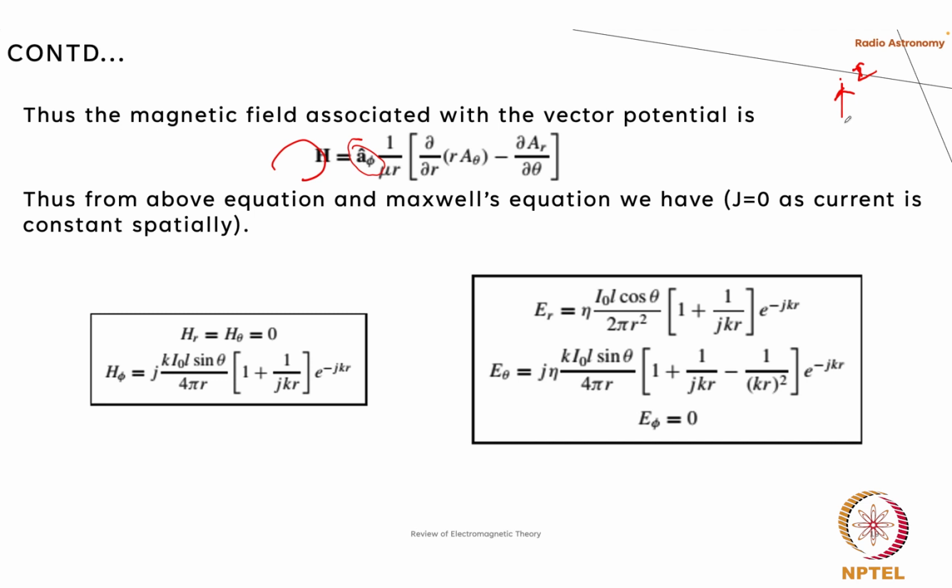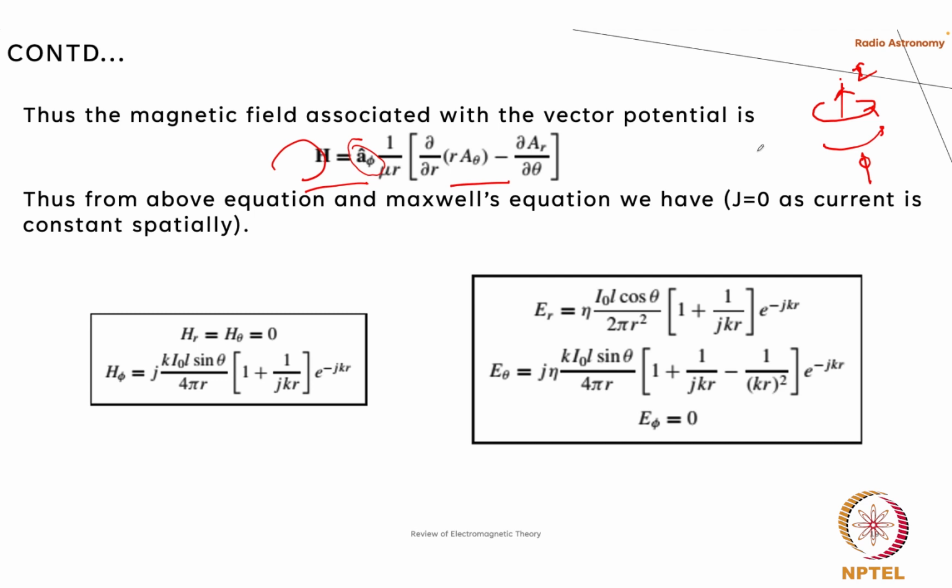If you apply the right hand thumb rule, you will find that the magnetic field should curl around like this. And from the equation also you find it is along the azimuthal plane, that is, phi is this one. So this shows that the direction of the current determines the magnetic field.